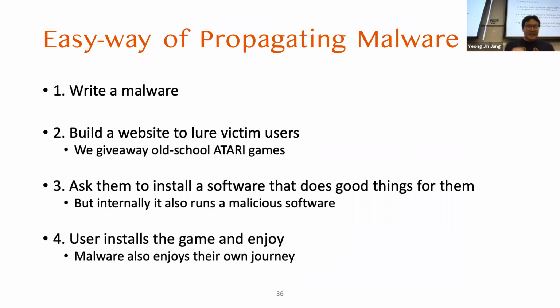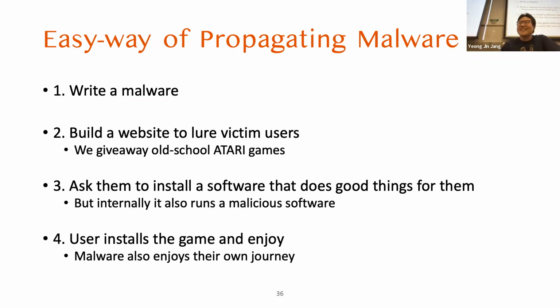I told you writing the malware is easy. So instead of seeking an exploit, you can construct a website saying, oh, there are a lot of freebies. Then people will come. And then ask them, oh, there is a program, if you install it, I will give you Bitcoin.